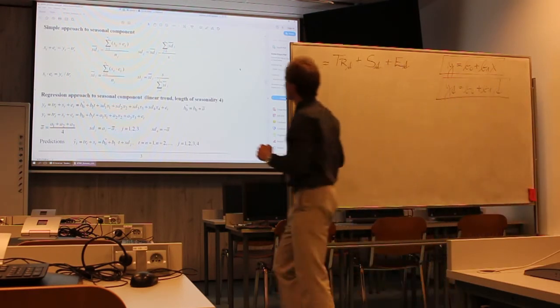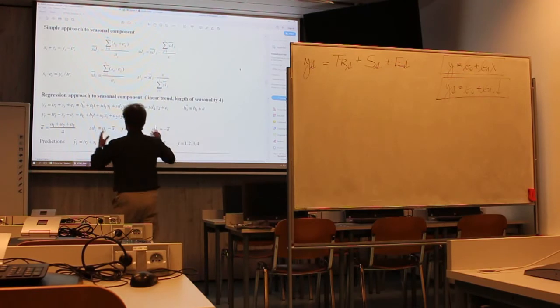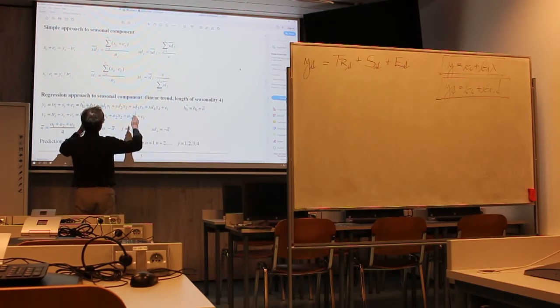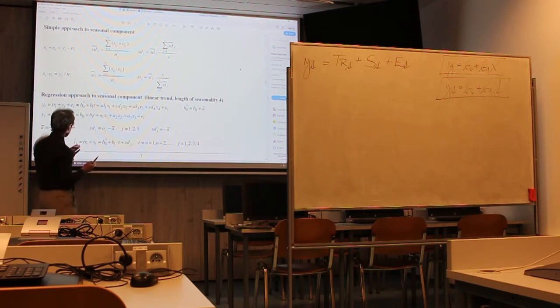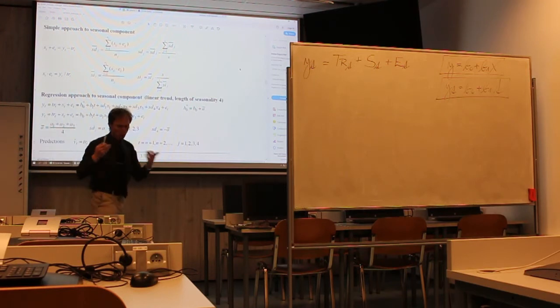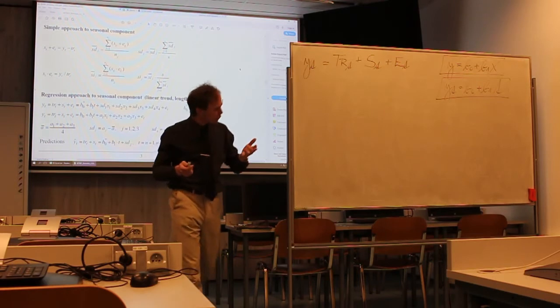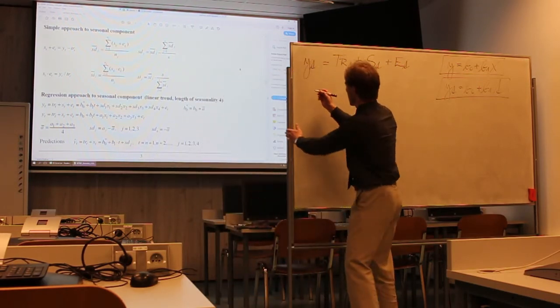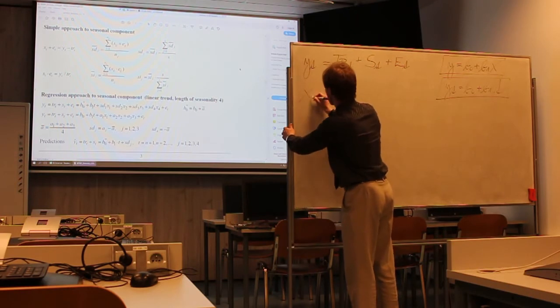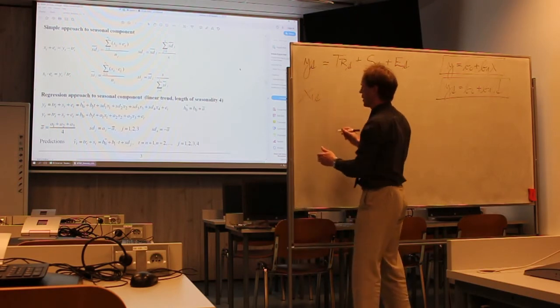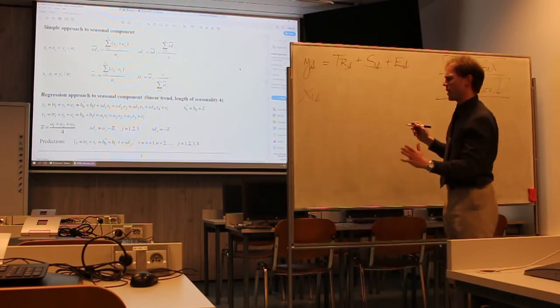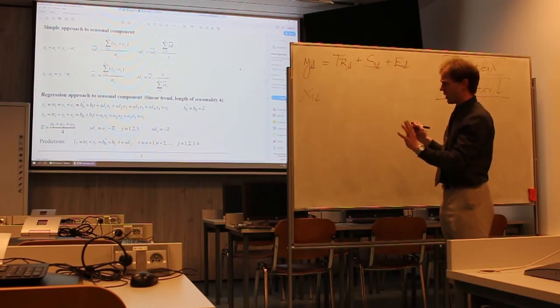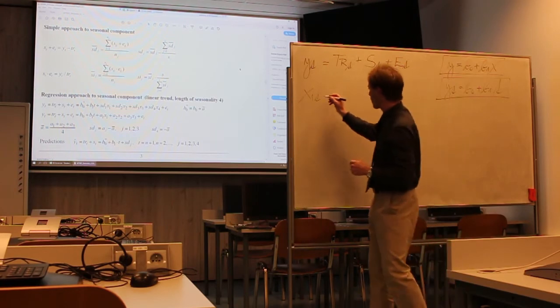How can we model seasonality? We'll use an approach using dummy variables. We have 4 quarters, so we need 4 dummy variables: x1 at time t, x2 at time t, x3 at time t, and x4 at time t. What is a dummy variable?